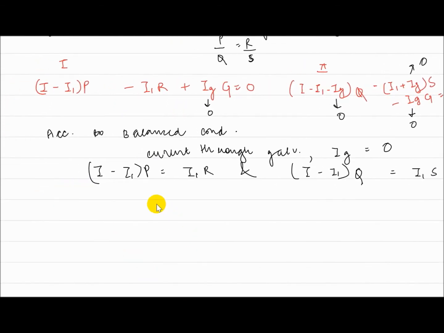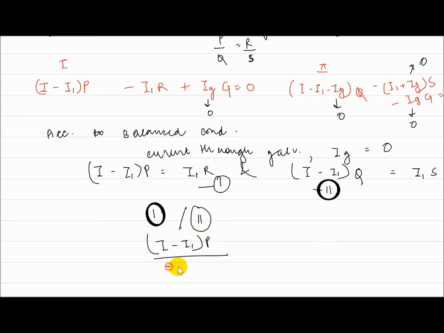Let us consider this as equation 1 and this as equation 2. We'll divide equation 1 by equation 2. We'll get I minus I1 into P upon I minus I1 into Q is equal to I1R upon I1S.